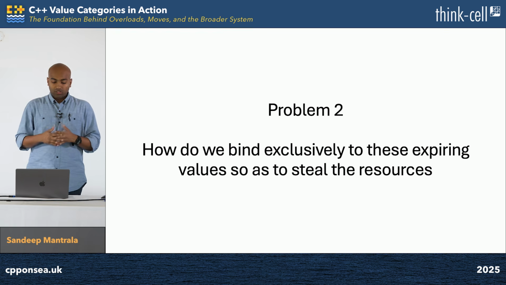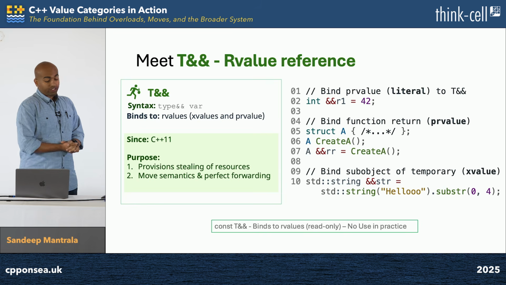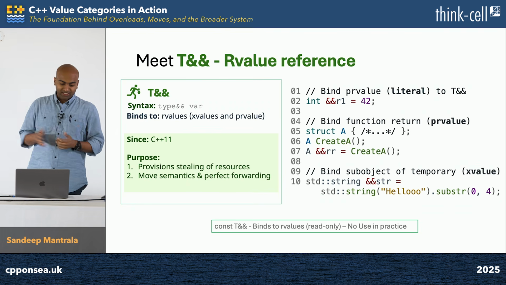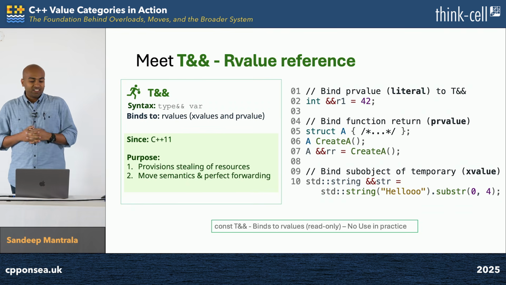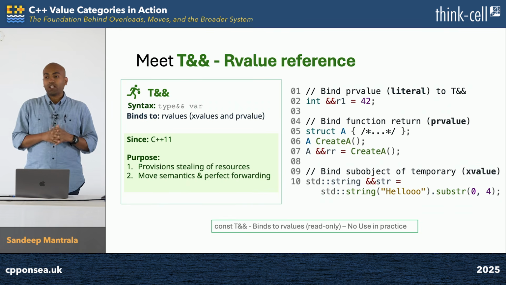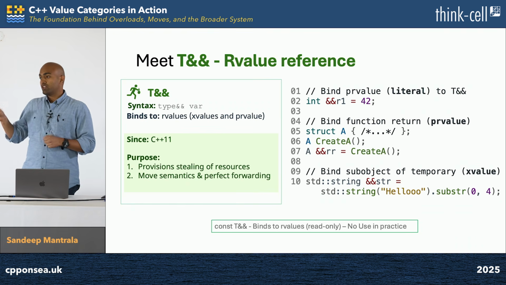So C++11 introduced T&&. I would say this is the hero of C++11, at least for me. The introduction of T&&, which is called an rvalue reference, is very important because it binds exclusively to rvalues.